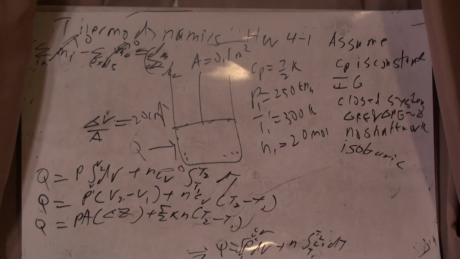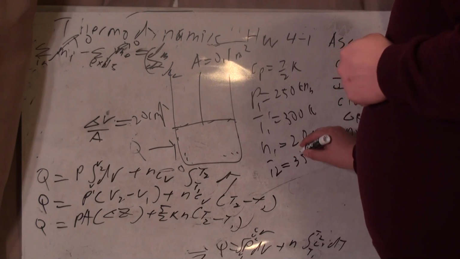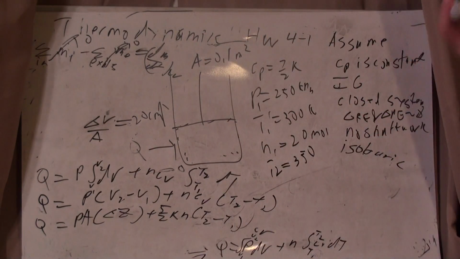It's all dependent upon that change in temperature. So for the sake of the website, I'll change the problem so the ending temperature is 350. Now I have enough and I can solve this as normal.